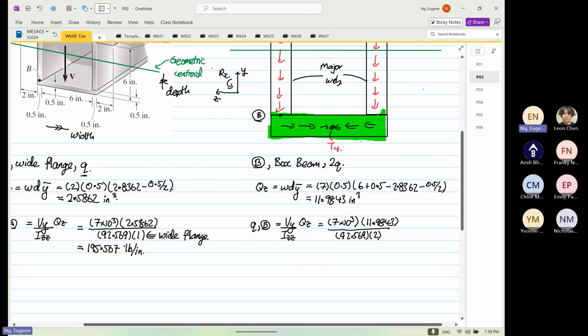And we have to divide by 2 because it's a box beam.